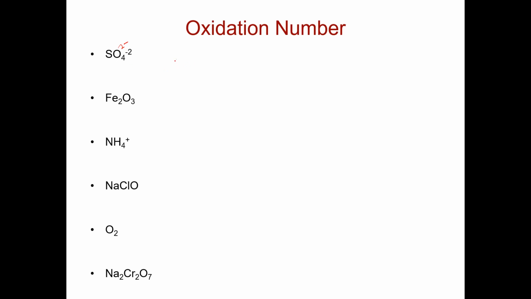So we have whatever charge is going to be on sulfur plus 4 times 2- has to add up to 2-. If we work that out algebraically, then sulfur has to have a positive 6 charge on it.